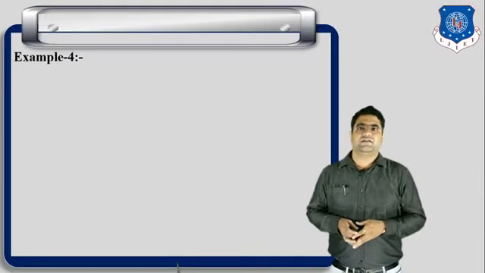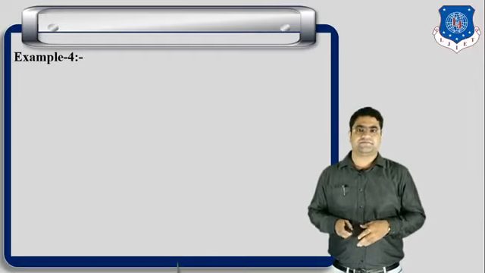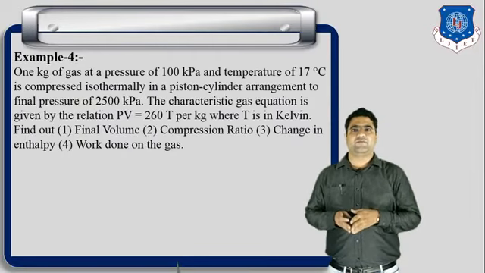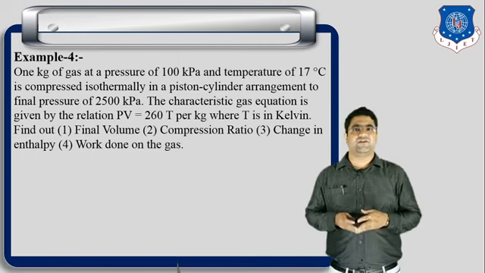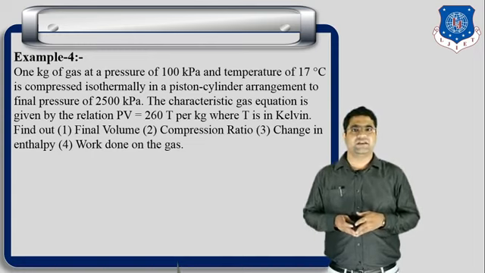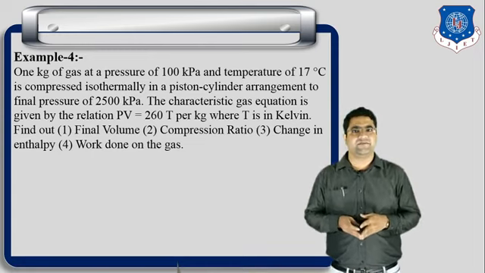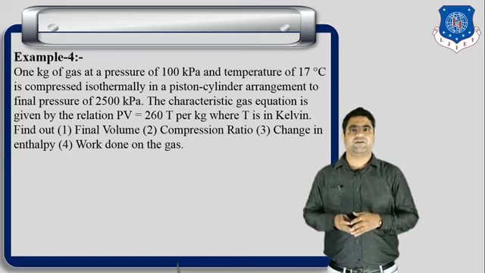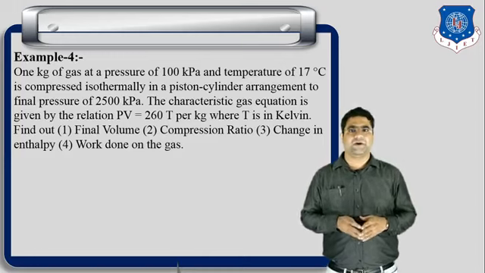Our fourth numerical is: 1 kilogram of gas at a pressure of 100 kilopascal and temperature of 17 degrees Celsius is compressed isothermally in a piston cylinder arrangement to a final pressure of 2500 kilopascal.